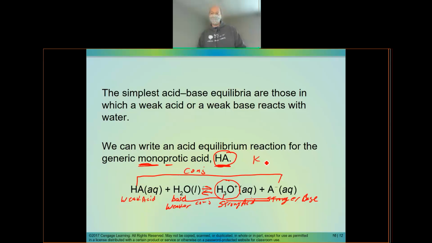So when you have your concentration of products over concentration of reactants, which is how you find the equilibrium constant, it always favors the weaker acid and weaker base, which are always your reactants. That means you're going to have a lot of reactants and very few products, which means that all Ka values are going to be small. I'm going to show you a list of Ka values. Every one of them has an exponent that is negative.